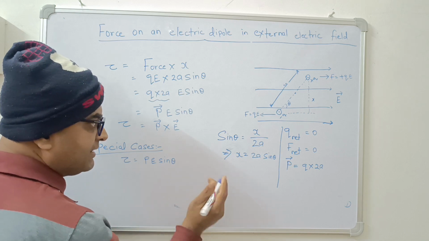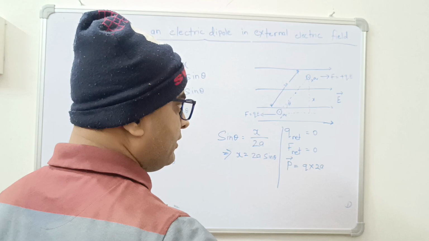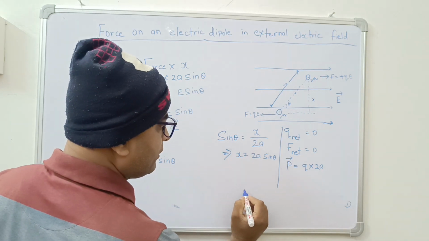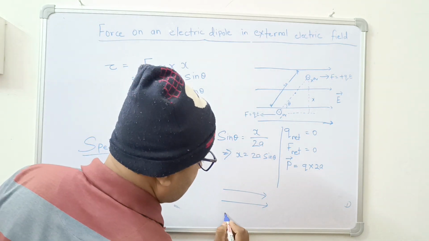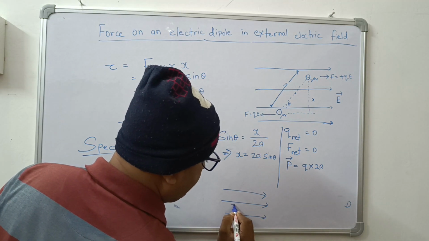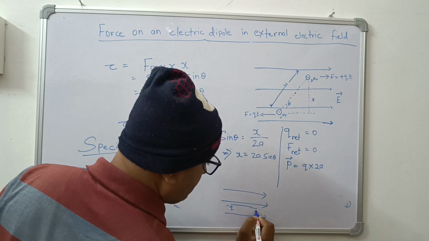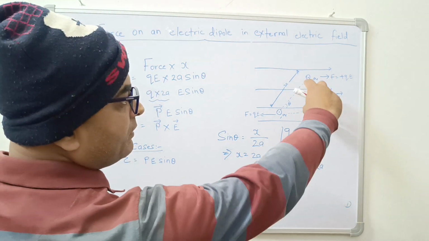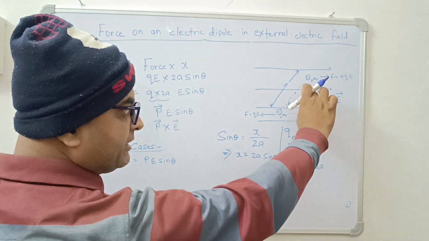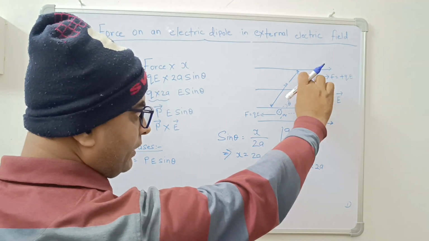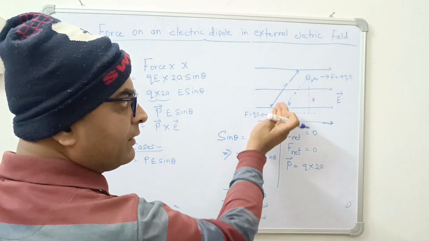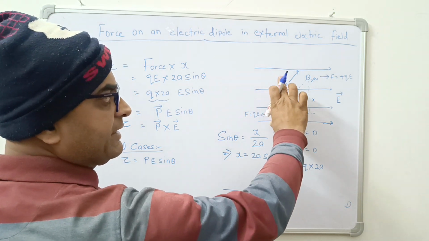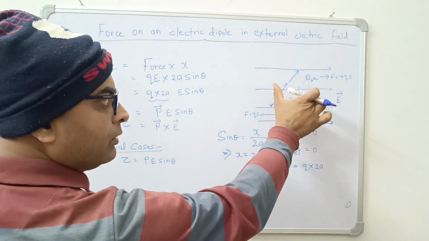Now imagine a case where this is your electric field, and your dipole is like this, with minus Q and this is plus Q. As we have already discussed, this force will try to rotate this dipole in this direction, and this force on the negative charge will try to move this dipole in this direction. So this will try to come like this.